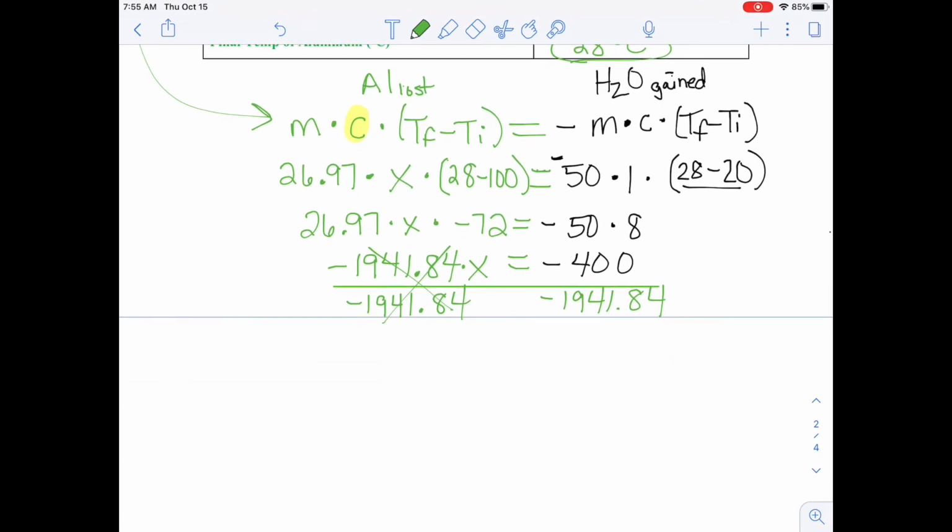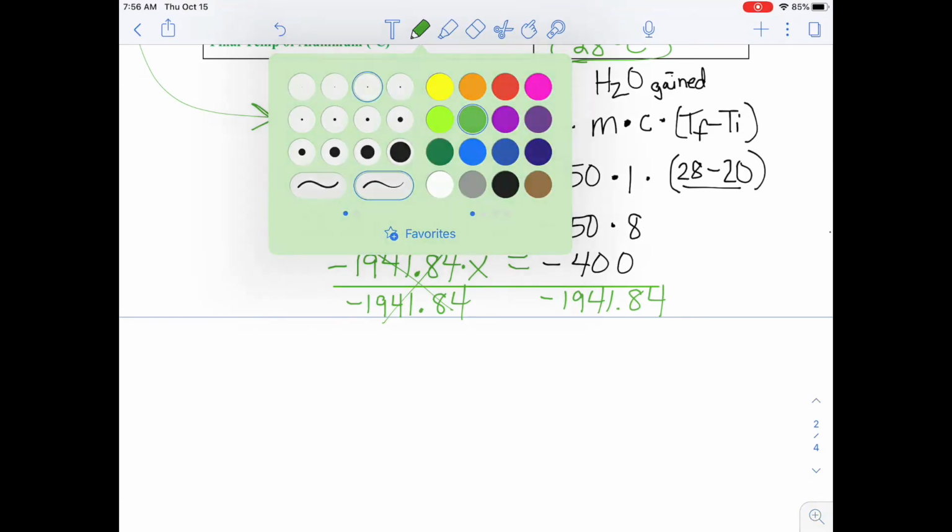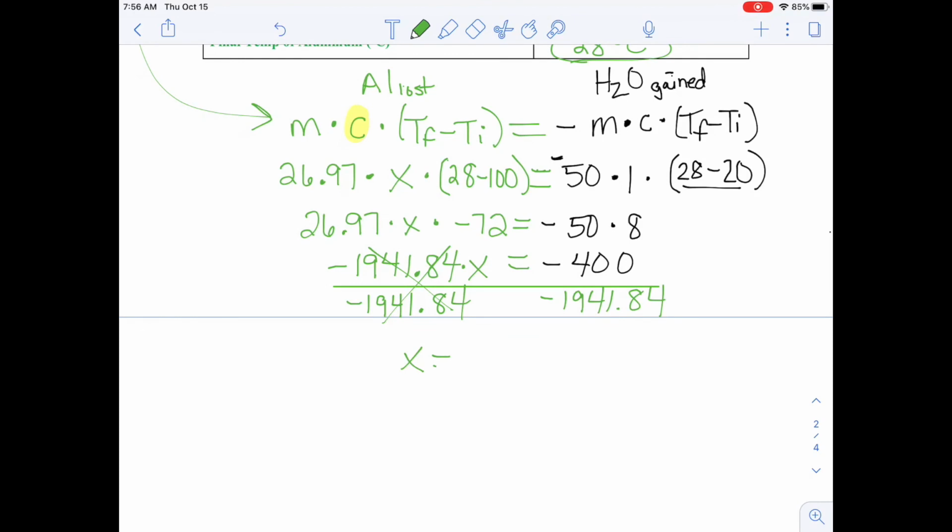So now if we take 400 divided by 1,941.84, we get X equals 0.205. So I'm going to round it up to 0.21. One thing I should point out here is, if you notice, we're dividing a negative by a negative, so it cancels to a positive. And this is our X value, 0.21.